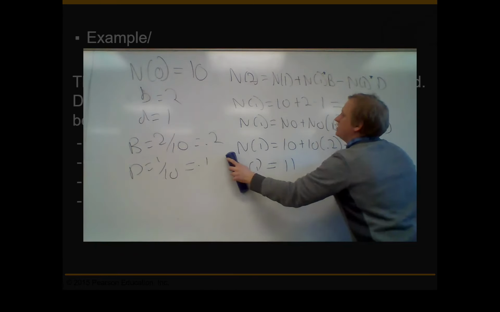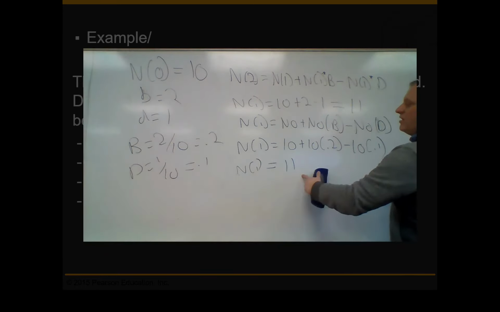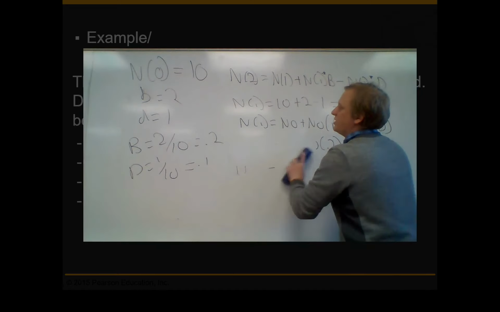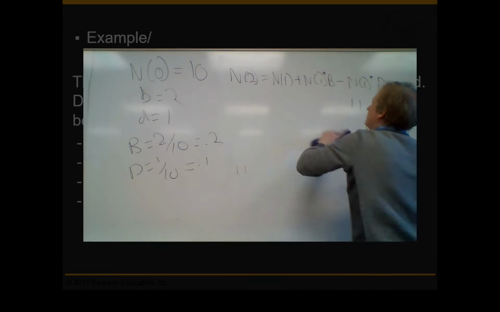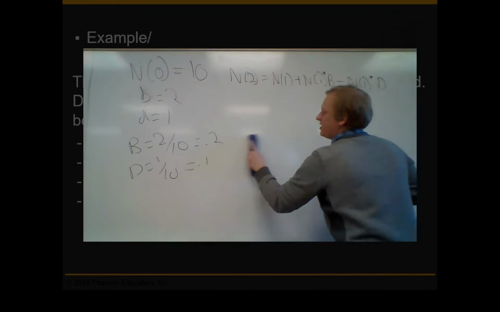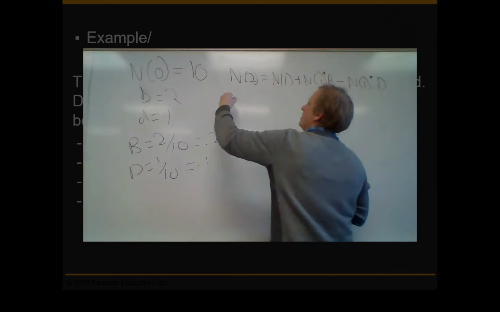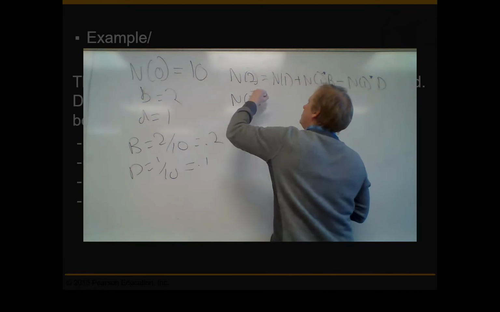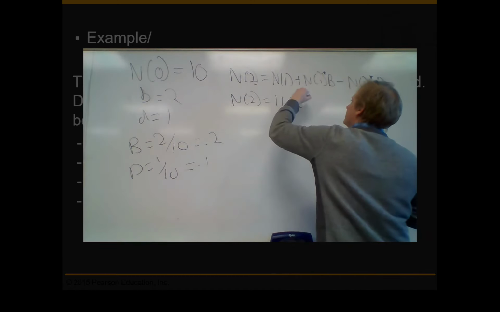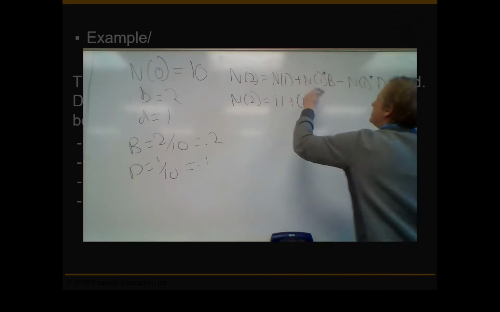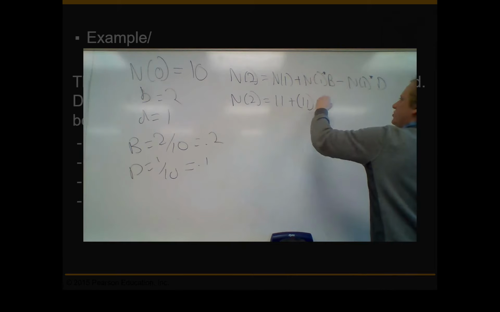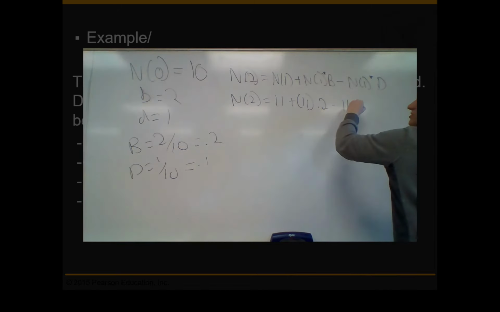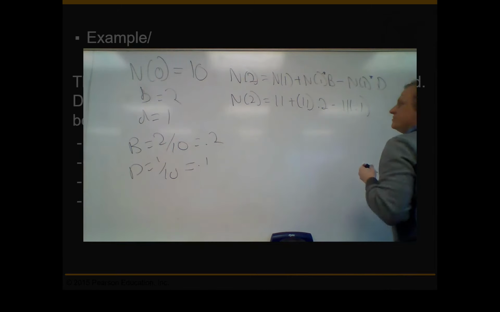So let's not forget 11. That's the number we need. So let's plug all these things in. N of 2 is equal to 11 plus 11 times 0.2 minus 11 times 0.1.